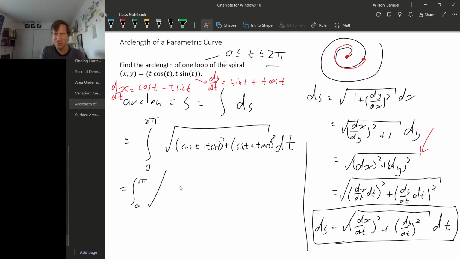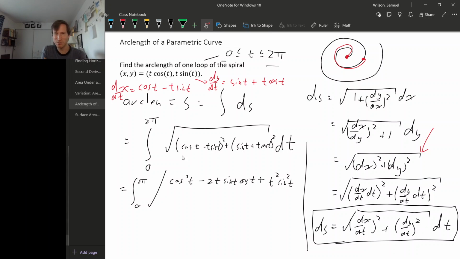Squaring the first piece, we get cosine squared t minus twice the cross term, 2 t sine t cosine t, plus the second bit squared, t squared sine squared t.